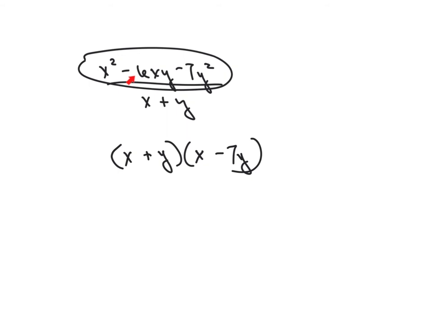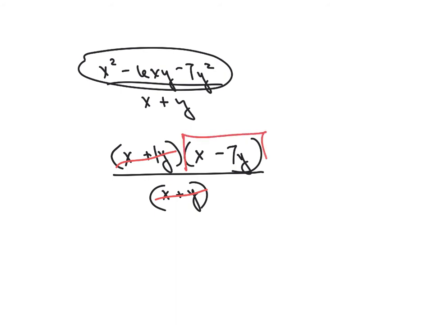Fortunately, when we take negative 7 and add 1 to it, we get negative 6. So that ends up being our factoring, and then we put this down there. And notice this cancels with that. So our factored answer is right there, x minus 7y.